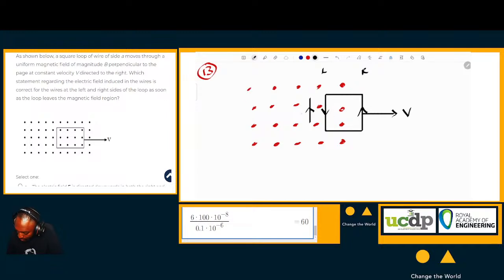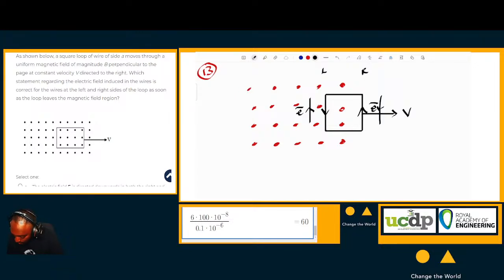Because this is the convectional current that we used, our electrons will be moving upwards on this side, and on this side, our electrons are moving downwards. Do you agree? Yes, sir. So which side is positive and which is negative?